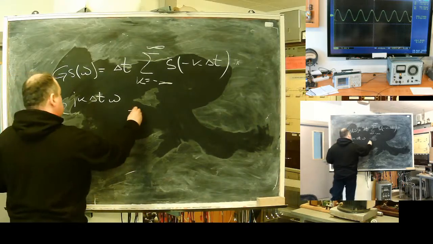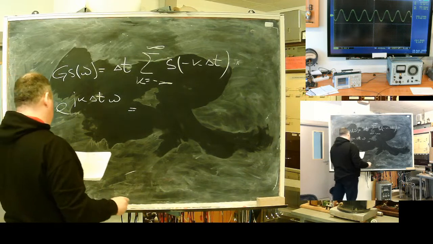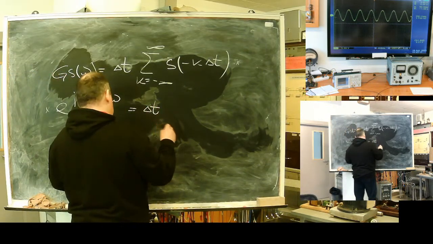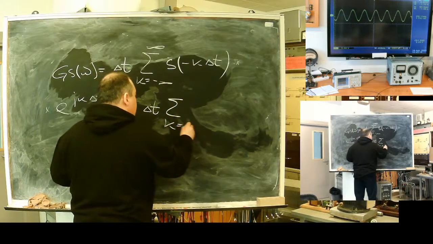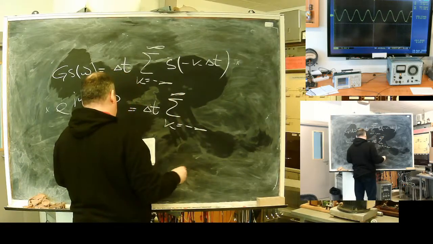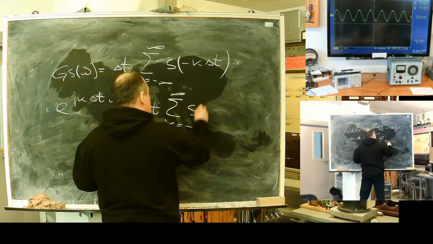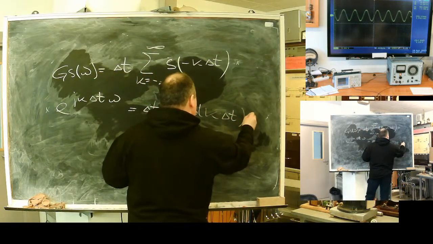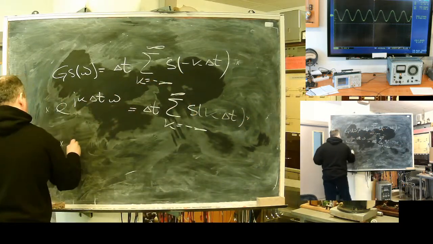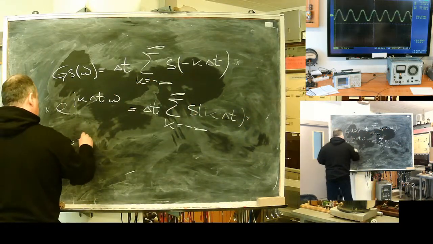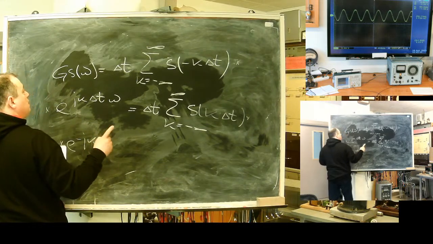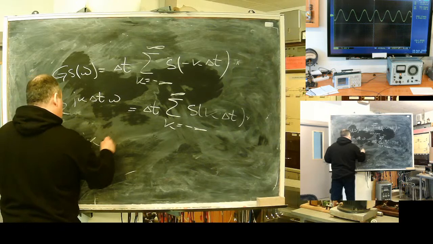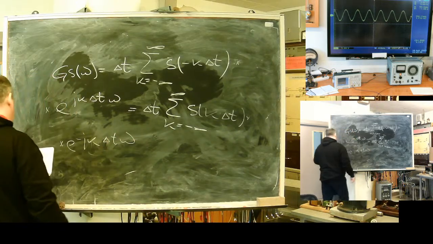Yeah, and this can be a bit simplified. From minus infinity to infinity, s(k delta t) multiplied by e power minus j k delta t frequency.